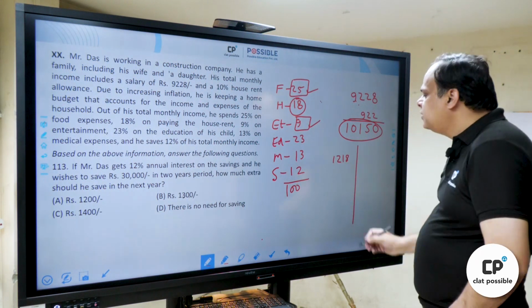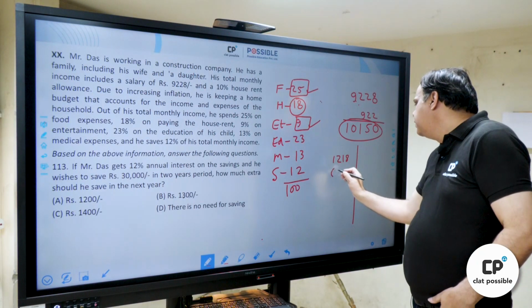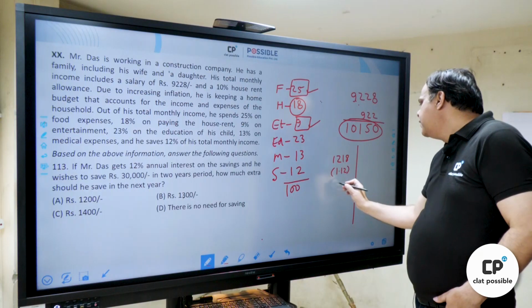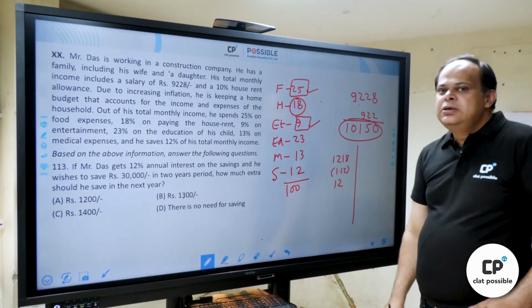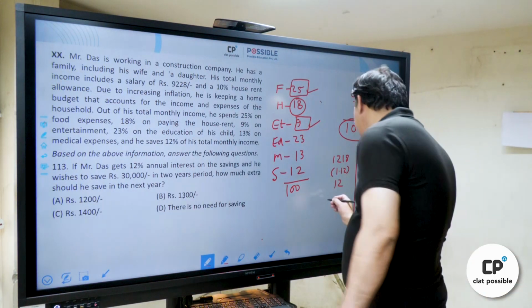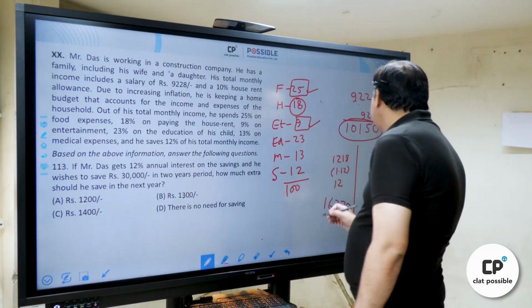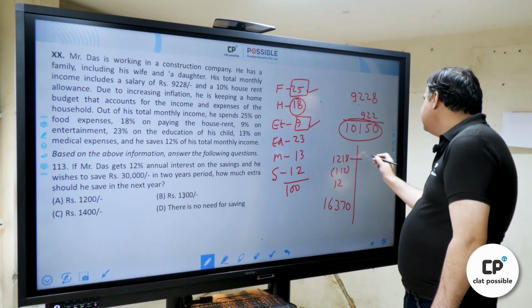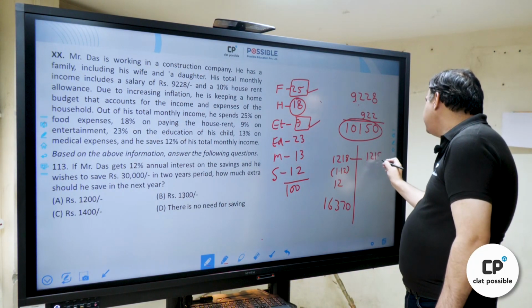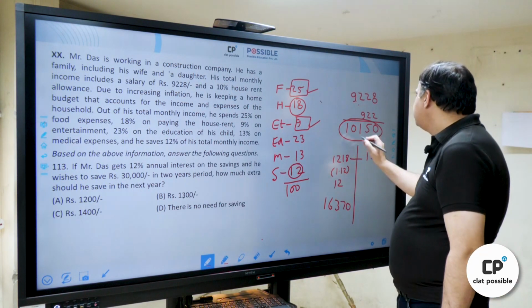Now for the first year, he is going to earn an interest of 12%. So I have to multiply by 1.12 and multiply by 12 months, and I'll get an amount which is 16370. Whereas for the second year, the monthly value will be the same, 1218, which is 12% of 10150.